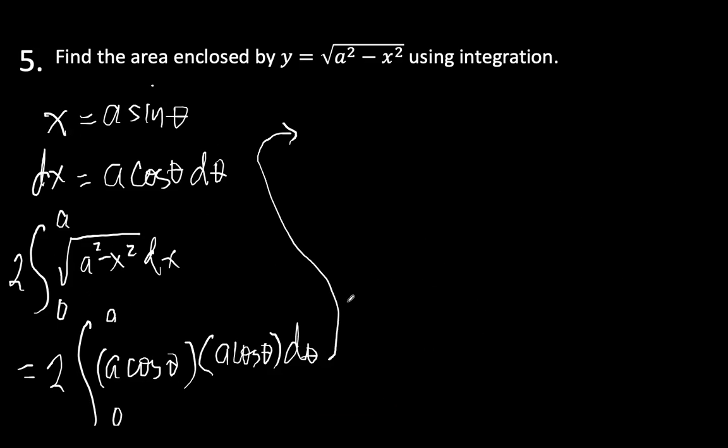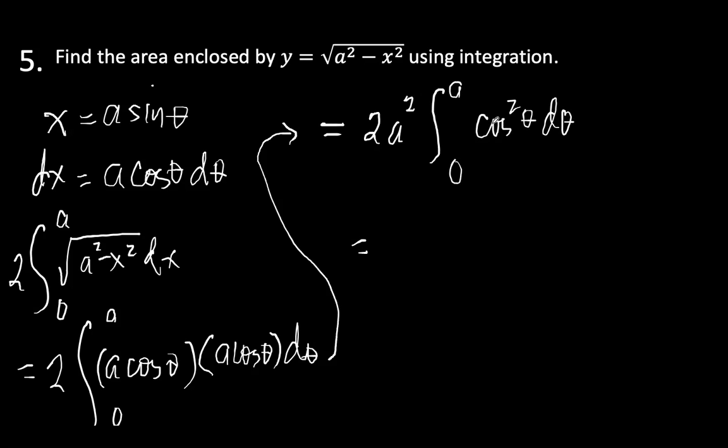So now let's simplify the given integral. We can factor out a and a, so that's a squared, because a is a constant, right? So we have the integral of cosine squared theta with respect to theta from 0 to a. Our problem right now is to find the integral of cosine squared theta.